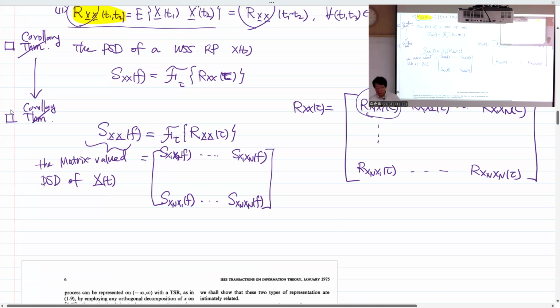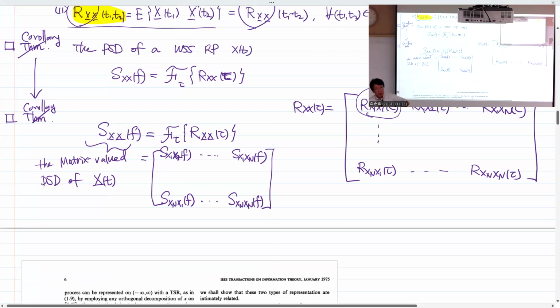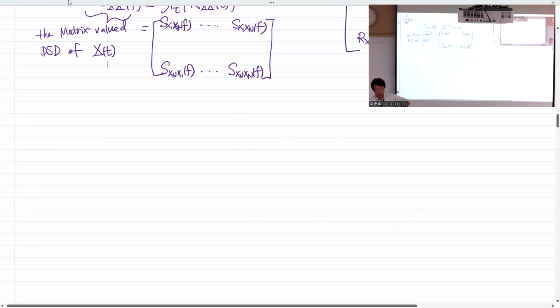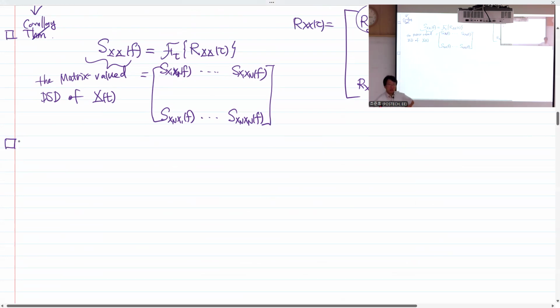Anyway, so you have now a very advanced knowledge. And here goes the question. Why does the professor suddenly talk about vector wide-sense stationary random processes when he was talking about wide-sense cyclostationary random processes? That's weird, right? So here goes some hint about what's going on.